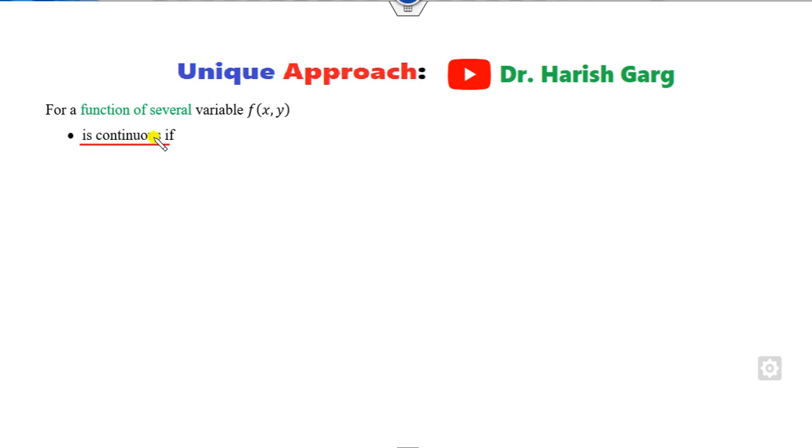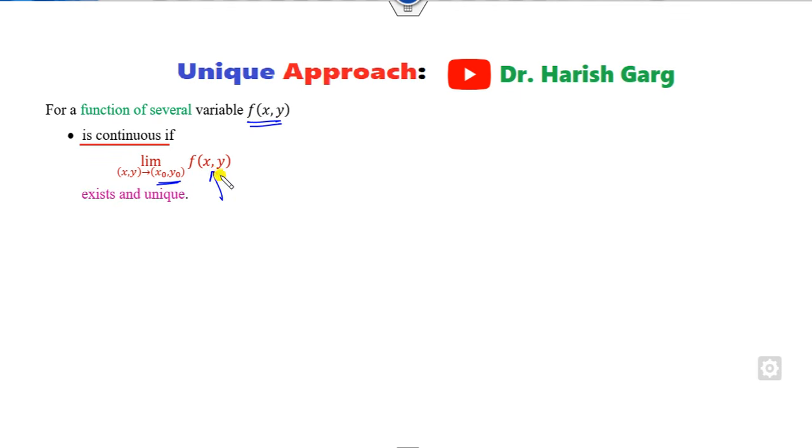Whenever you have a function of several variables like f of x comma y, or more than two variables like x1, x2 and so on, and they ask you to check whether the function is continuous or not, you always need to find the limit of this function at the corresponding point.